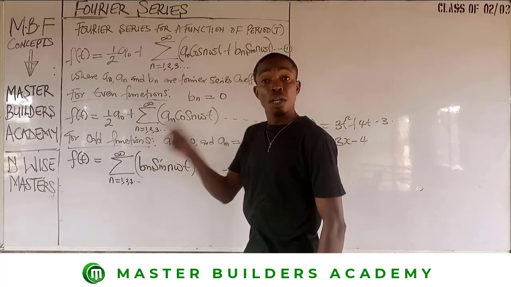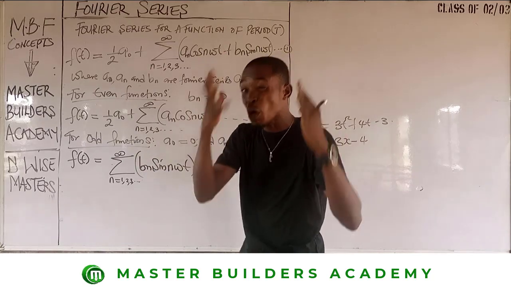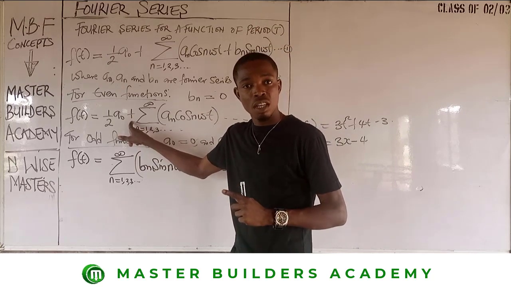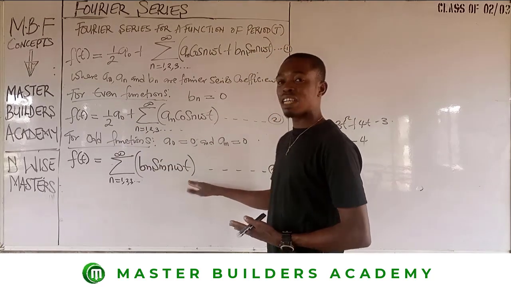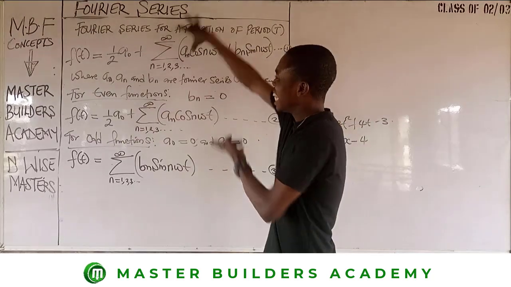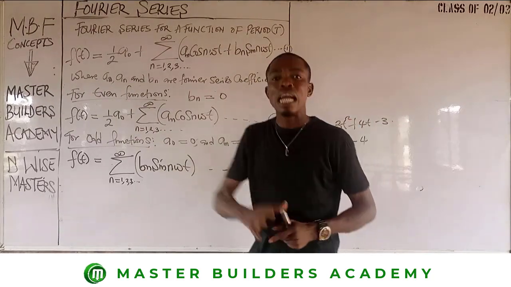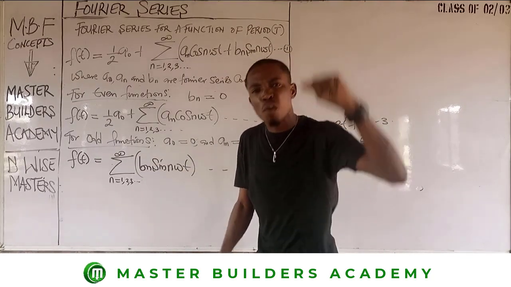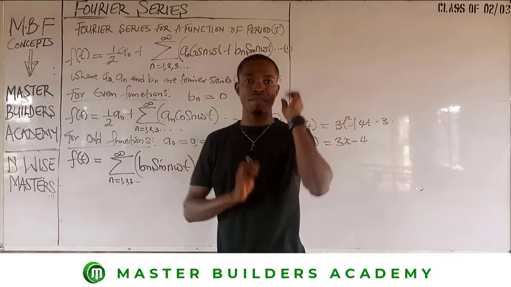In this video, in this module, guys, I'll be showing you exactly how to solve problems using these equations, and many other equations. These are the 3 major equations that are required to solve problems on Fourier series effectively.